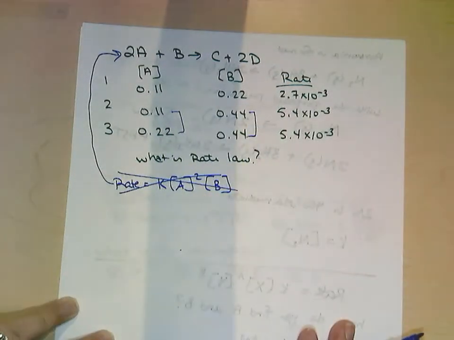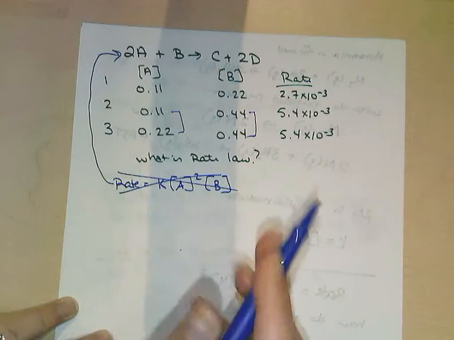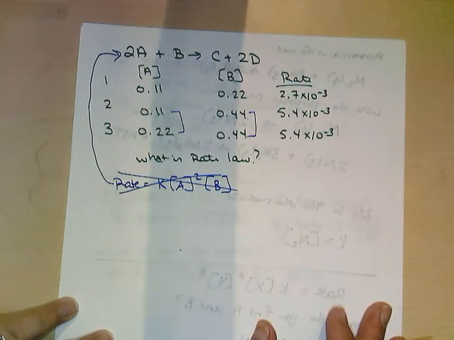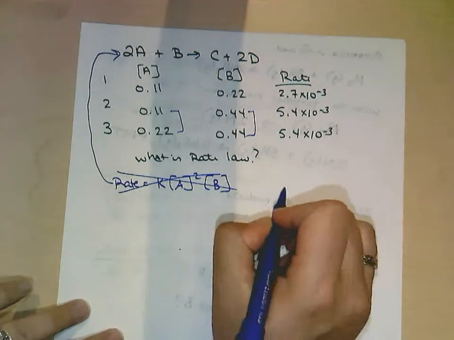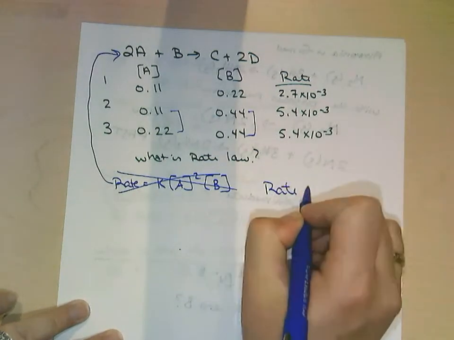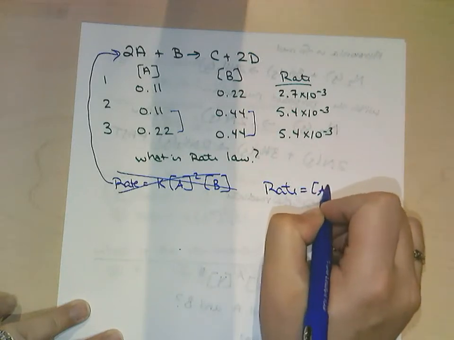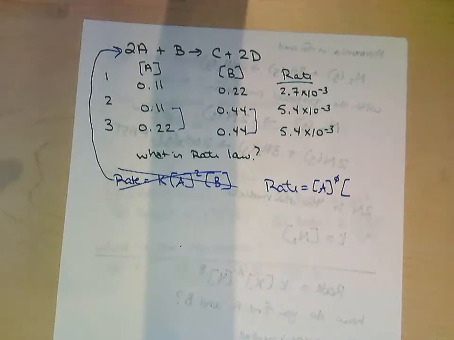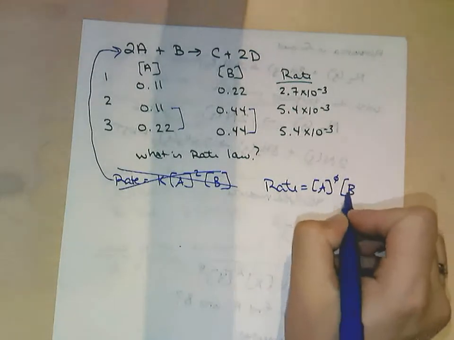What's going on with 2 and 3? Okay. What's happening to the amount of A? Doubles. What happened to the rate? So which order is it if it doesn't change? 0. All right, so then which 2 reactions do I want to look at about B? Okay, 1 and 2.